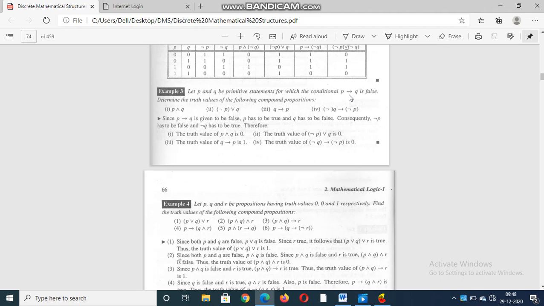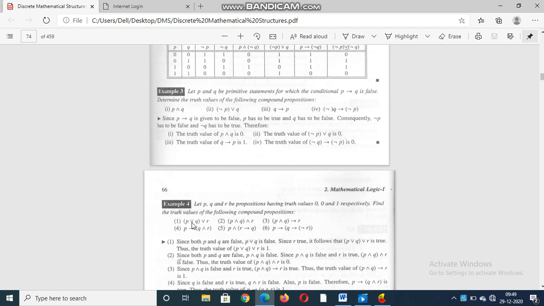Based on that condition, whichever row satisfies it, that row we selected. But here there is no need to select the rows because they only gave the values P, Q as well as R. So that burden is removed. Based on this, you have to write your answer.